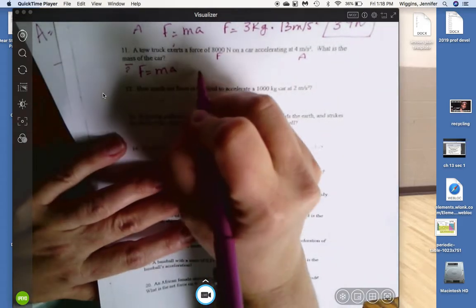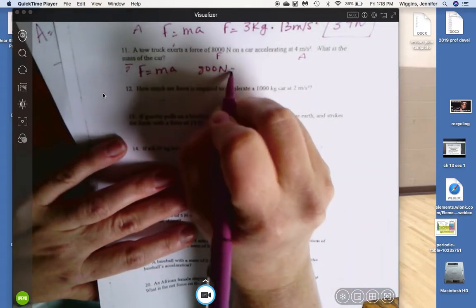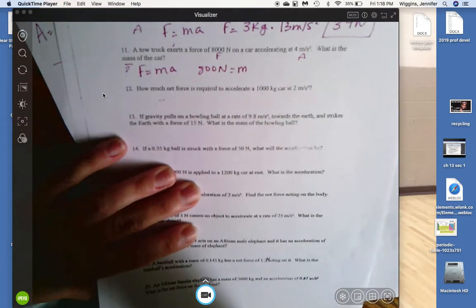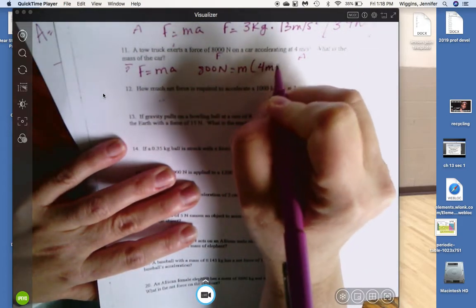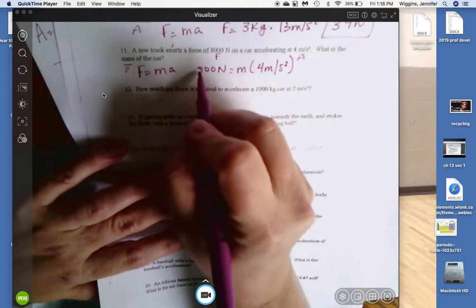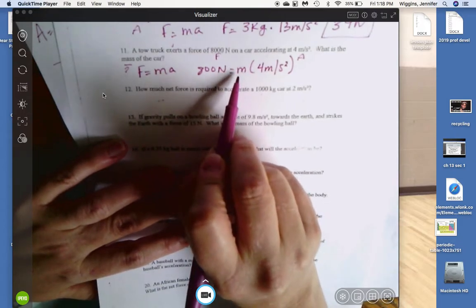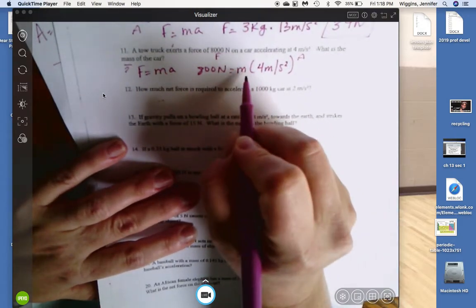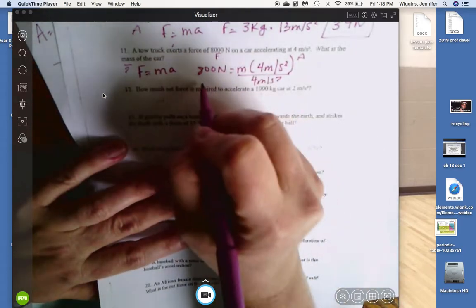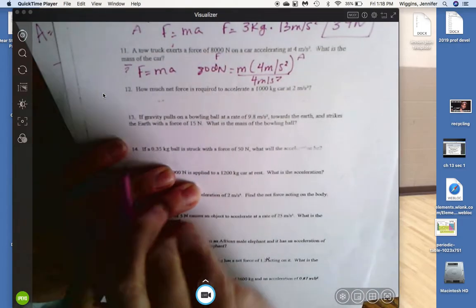So my force is 8,000 newtons. My mass is what I'm looking for. And my acceleration is 4 meters per second squared. Now I have to solve for my unknown right here. Because I'm multiplying, I do the opposite, dividing by 4 meters per second squared, and I do it on both sides. If I do one thing on one side, I do it on both sides.